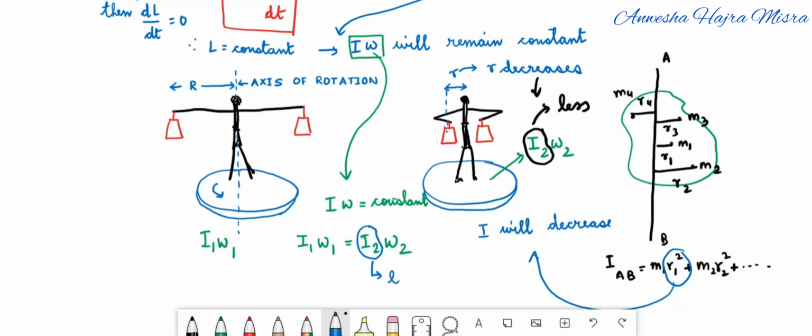But the product of I and omega is same. So what will happen? Omega 2 will increase. So all of a sudden, we will see the man rotating fast.